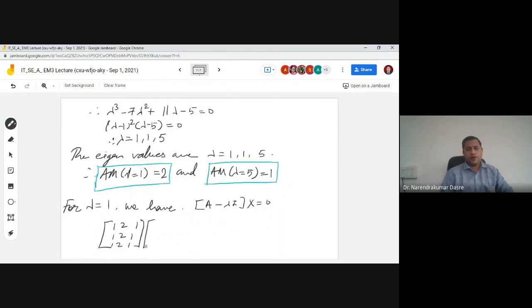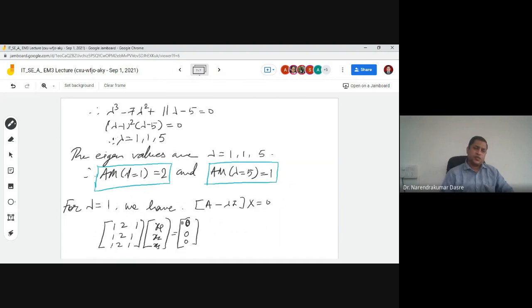Okay, and here we got x1, x2, x3, and this is equal to 0, 0, 0. So are you getting these equations? Because I have put the value of lambda is equal to 1 now.